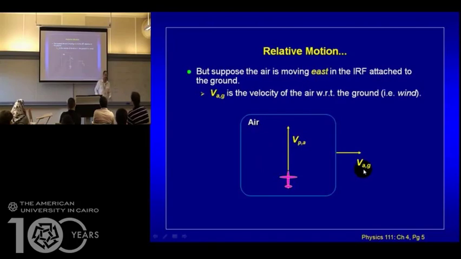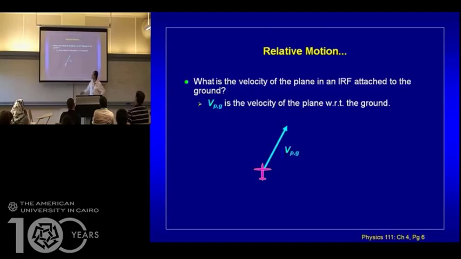Someone sitting on the ground notices that the air flows in that direction with that speed. The same guy on the ground finds out that you're actually flying, if you fly that way directly, then you're going to drift. So he sees you flying in that direction.